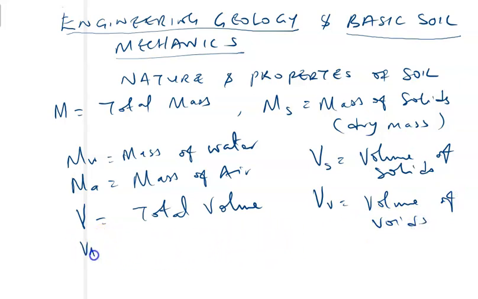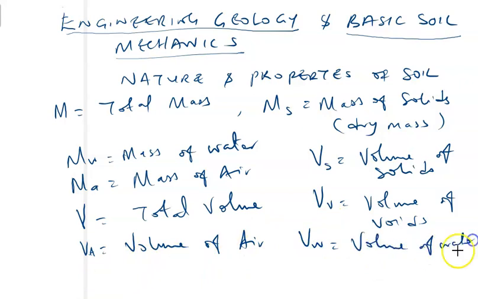We have VA equal to volume of air, and VW, which is volume of water, because VV is equal to VW plus VA, as volume of void is equal to volume of water plus volume of air.